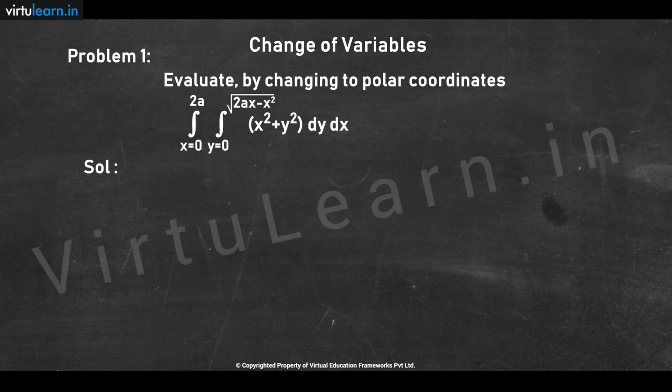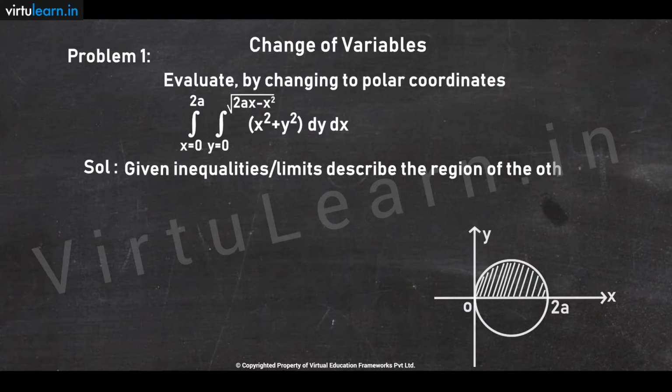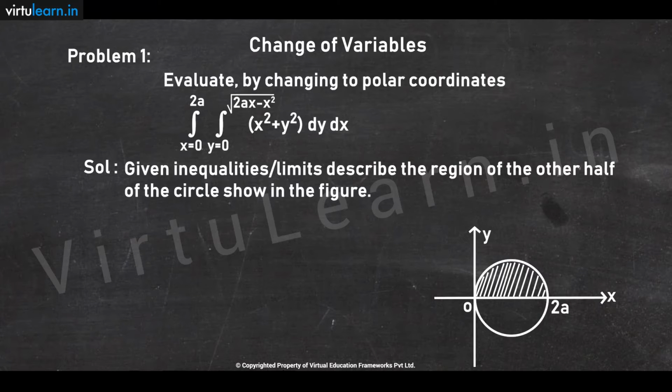If we observe carefully, the limits here denote the part of the circle of radius a with the center at (a, 0) lying in the first quadrant.